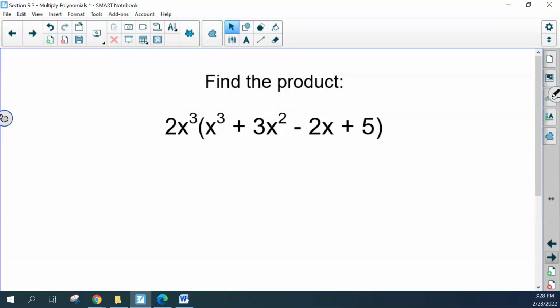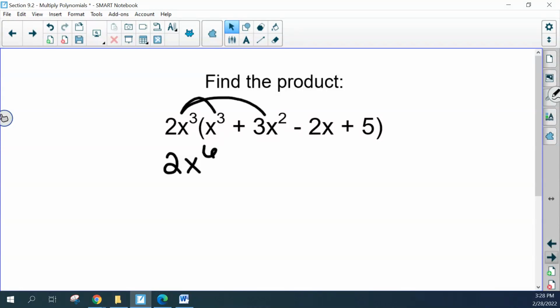Okay, here this looks super difficult, but it is just a few more steps. It is not anything harder than what we just did. So we're going to take this monomial times the parentheses. So 2x cubed times x cubed would equal 2x to the sixth.